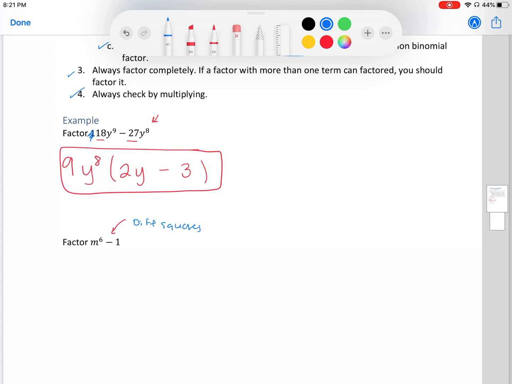If you do, you want to think of a number that squared gives you y to the 6th power, and a number that squared gives you 1. So 1, and when you're working with exponents, think about dividing by 2. So 6 divided by 2, we get 3, y to the 3rd power. So this factors to be y to the 3rd power minus 1, y to the 3rd power plus 1.